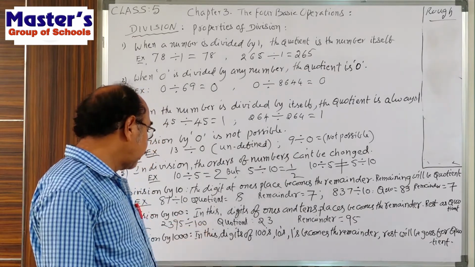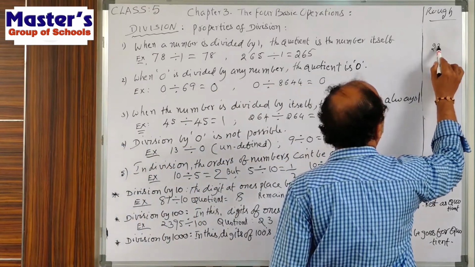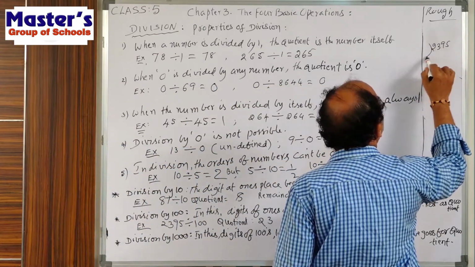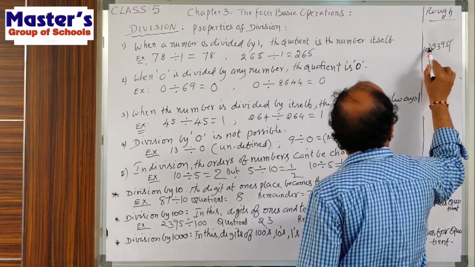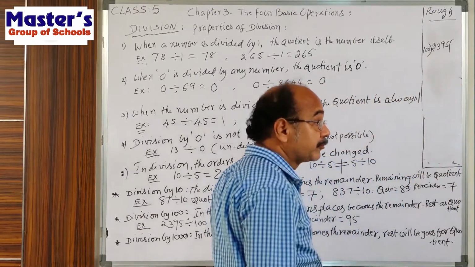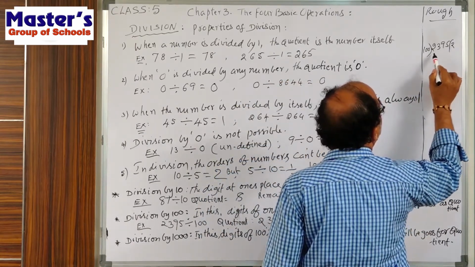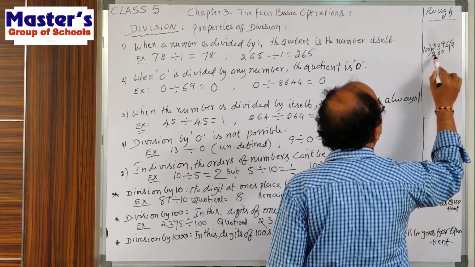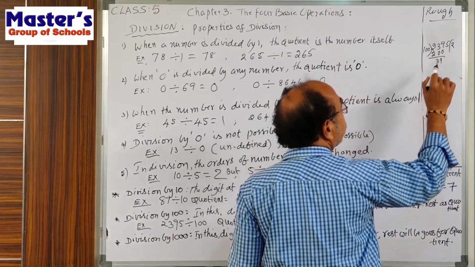Now observe the actual division. 2395 divided by 100. First 2 times, 2 into 100, 2. 39, you get 30.